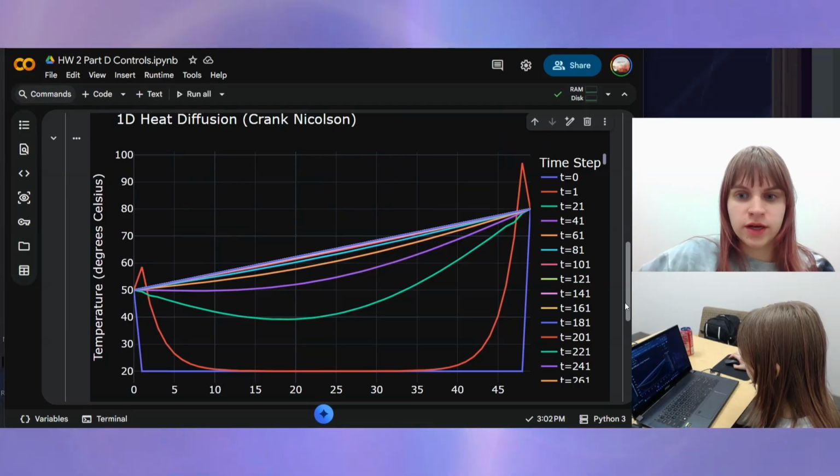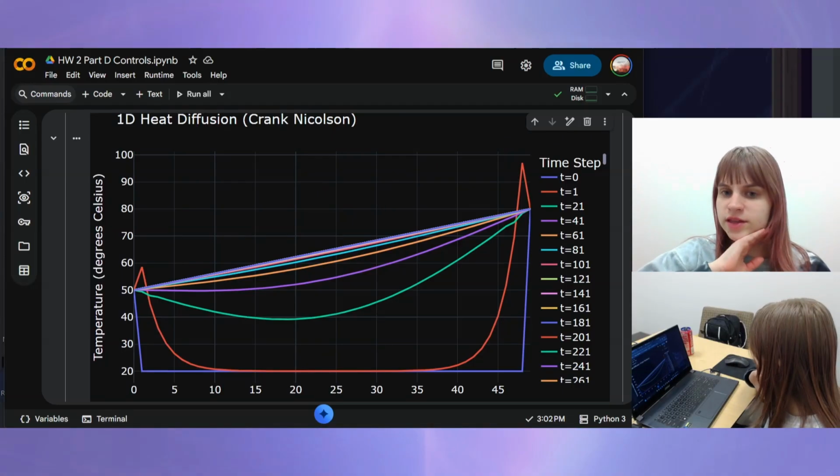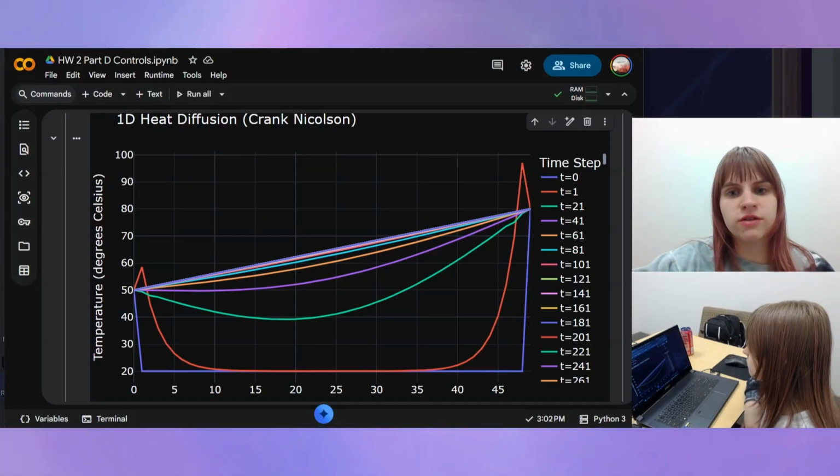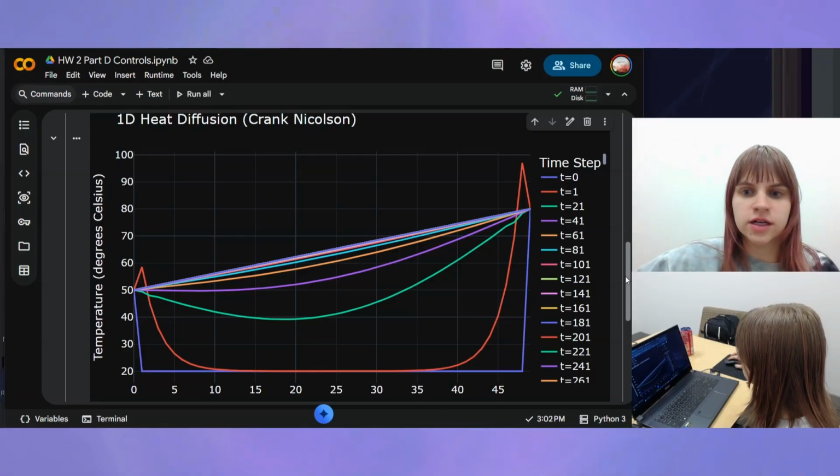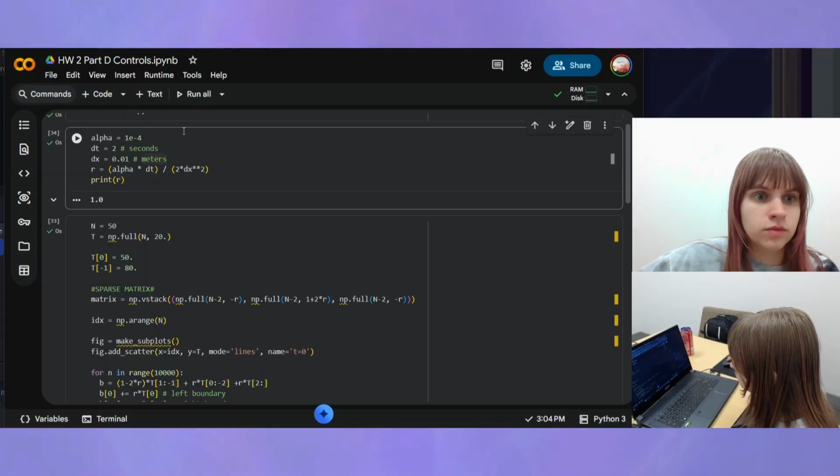And when we did the explicit method in part C, we just had insane oscillations that we could not read whatsoever.